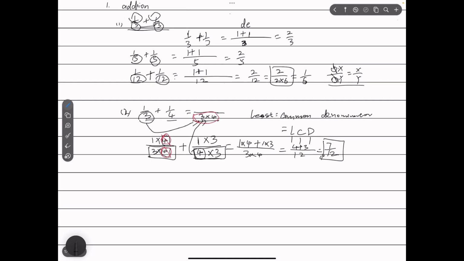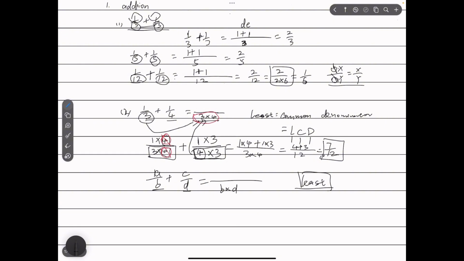So the idea is, let's say we have a over b plus c over d. We need to find the common denominator for b and d. If you're not sure how to find the least one, we can just find a common denominator first. Let's just use b times d.